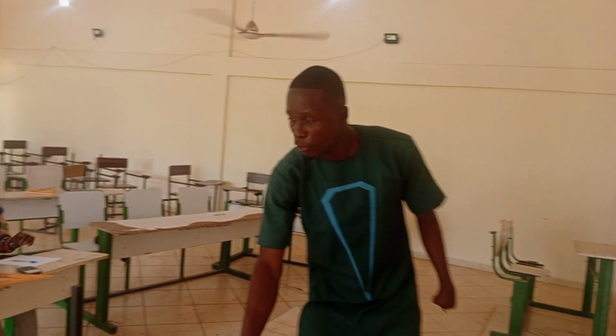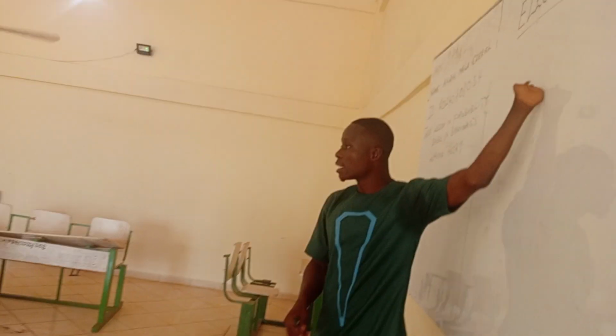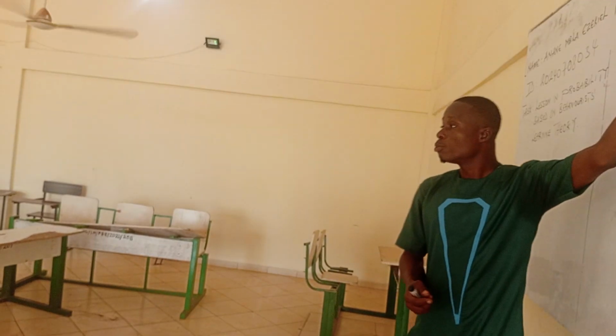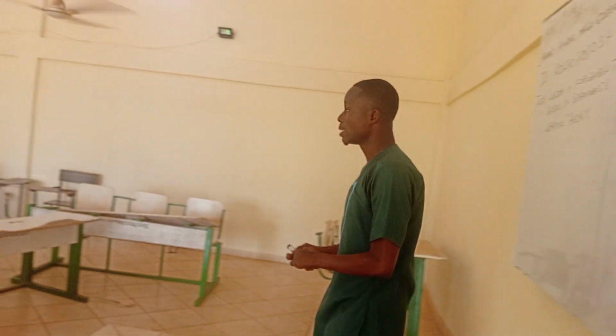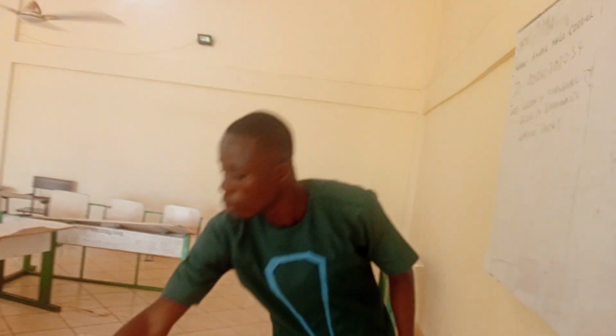But before we move into the main concept, our lesson objectives for the day is that at the end of this lesson, you will be able to identify the number of sample space from the Ludo die.